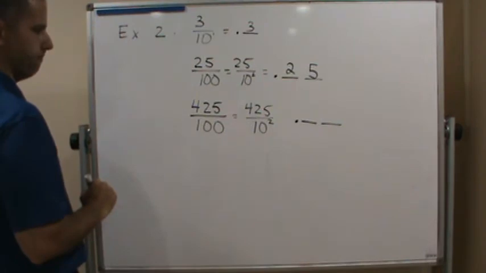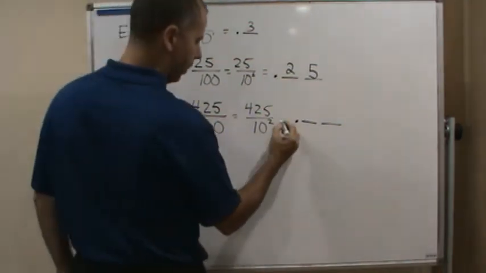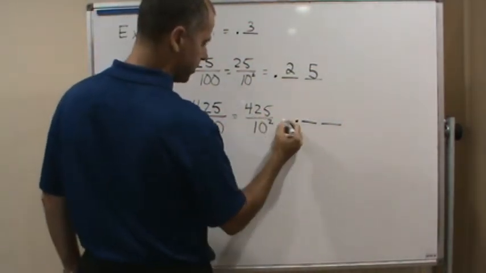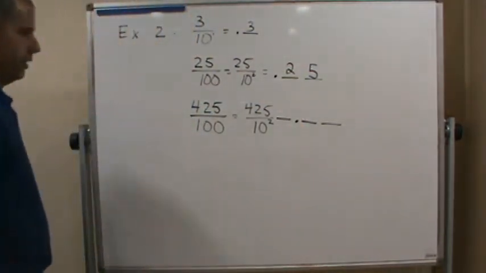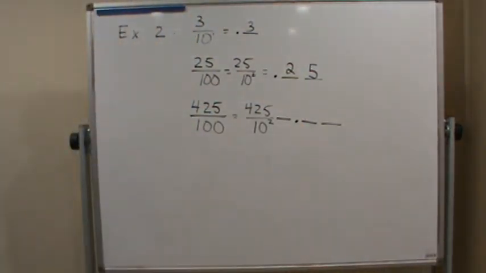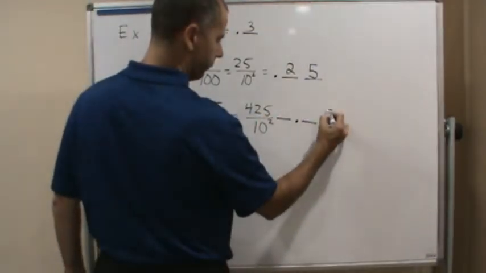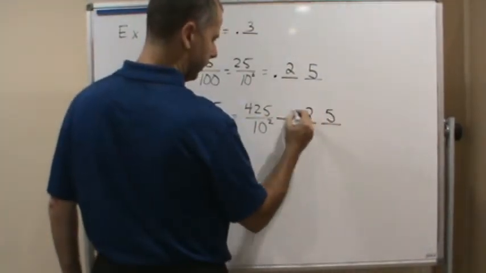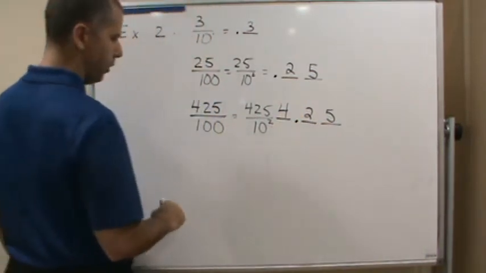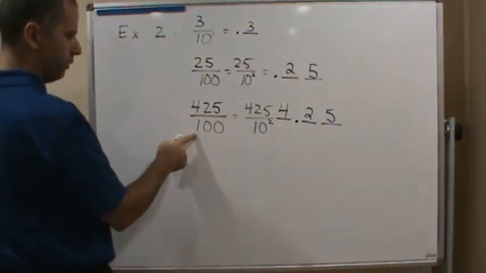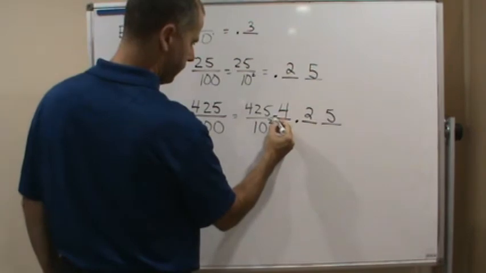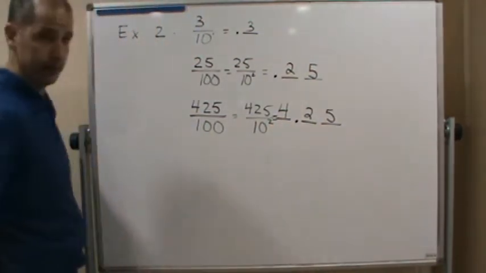And how many places? Well, we got 3 digits, so we're going to have 3 digits. And so we put the 5 here, 2 here, and the 4 here. So 425 over 100 is equal to 4.25.